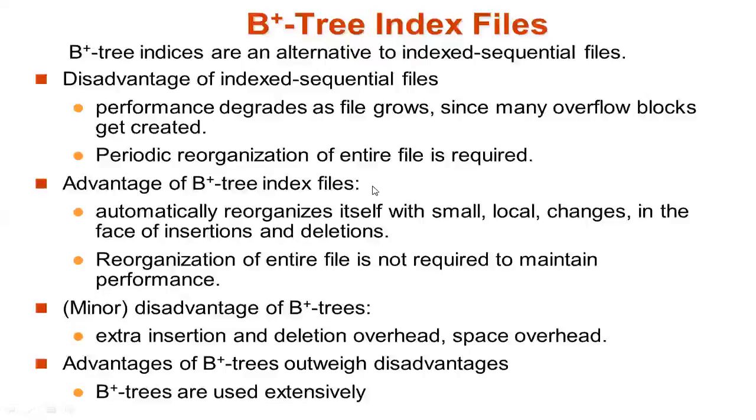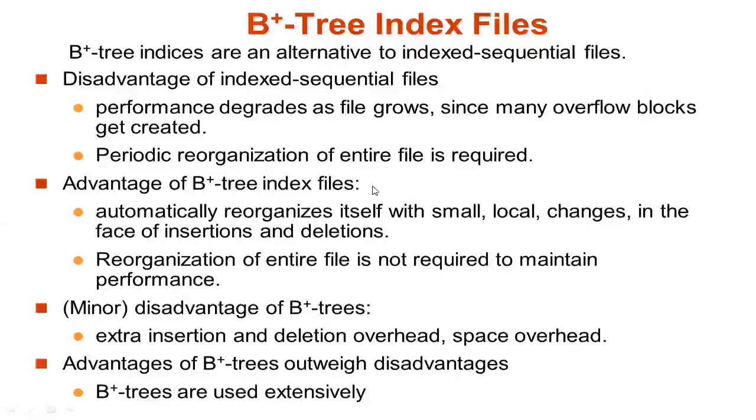So periodic reorganization of the entire file is required. Imagine you have about 100 MB, or 1 lakh records, in the indexed sequential file. When you do any insertion or deletion in those 1 lakh records, it will be very tedious.